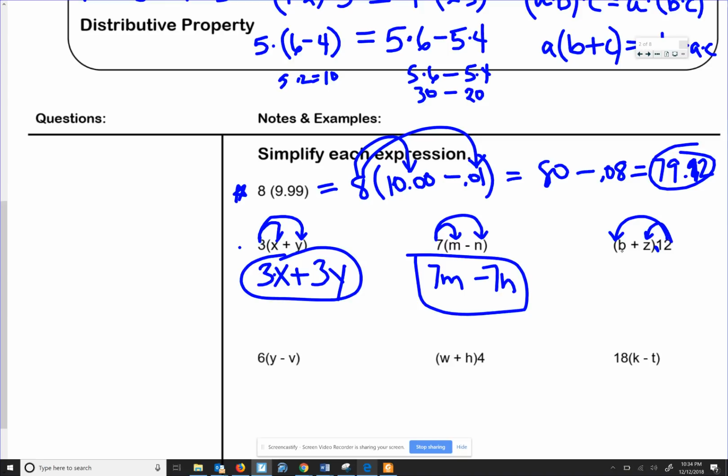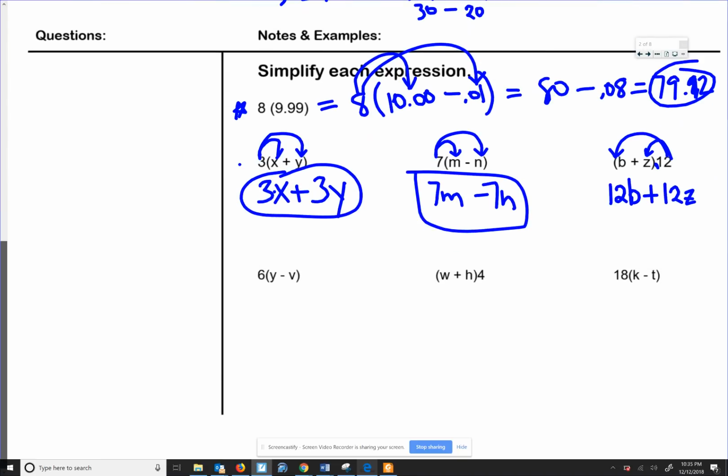Now, I'm going to put the number 12, or the constant, as it's called when we start talking about algebra, in front of my variable because the order doesn't matter. 12 times b plus 12 times z. Boom.